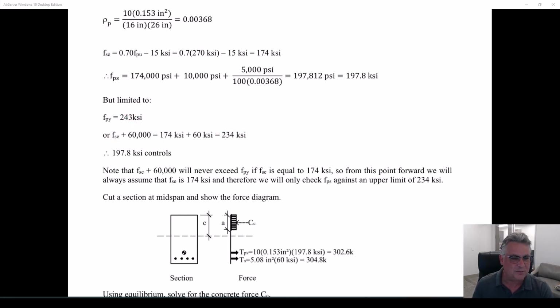You can check it and be academically correct with the code, and that's fine to check both. But every single time this calc is 243 and every single time this is 234, the 234 is going to be the controlling case for maximum. Now in this case, our calculated value is less than maximum, so that's the one we're going to use.